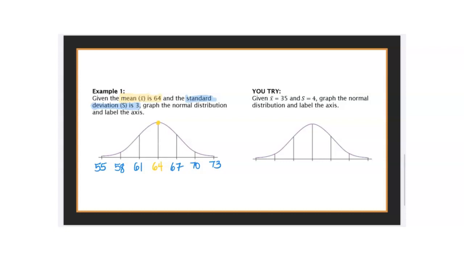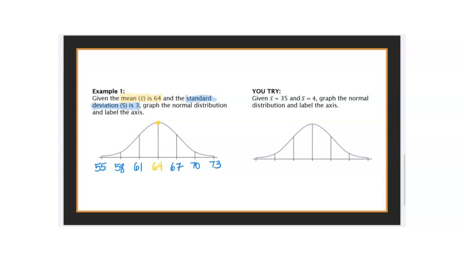So we've entered our mean, which is 64, then used our standard deviation of 3, which tells us that each deviation is 3 more or less than our mean. We went back 3, back another 3, and back another 3. To get to the right, we added 3, added 3, and added 3 more.